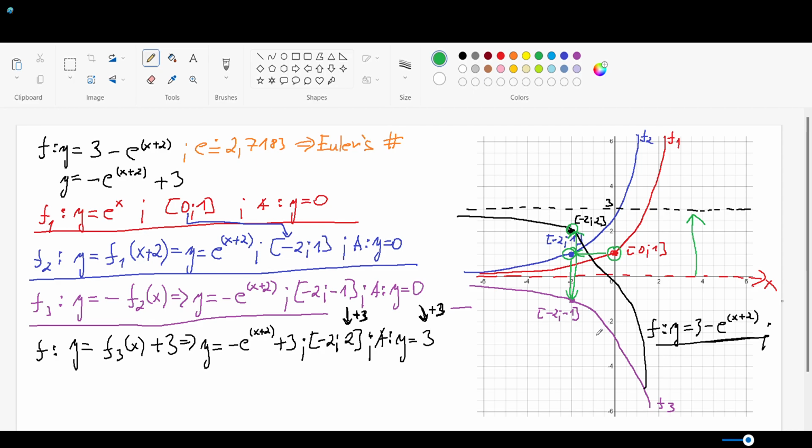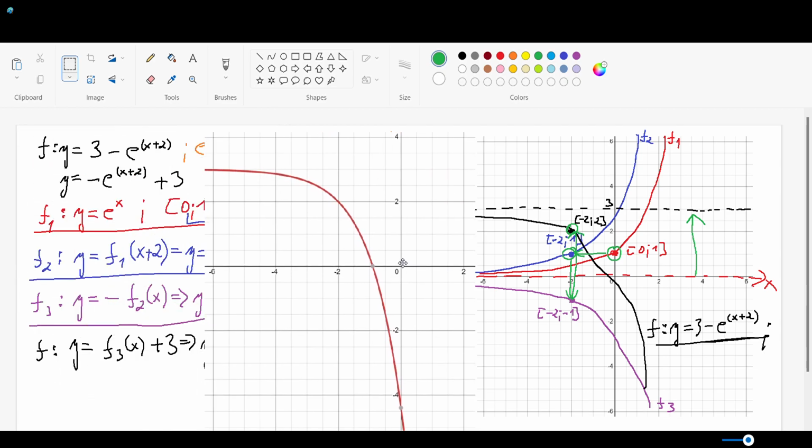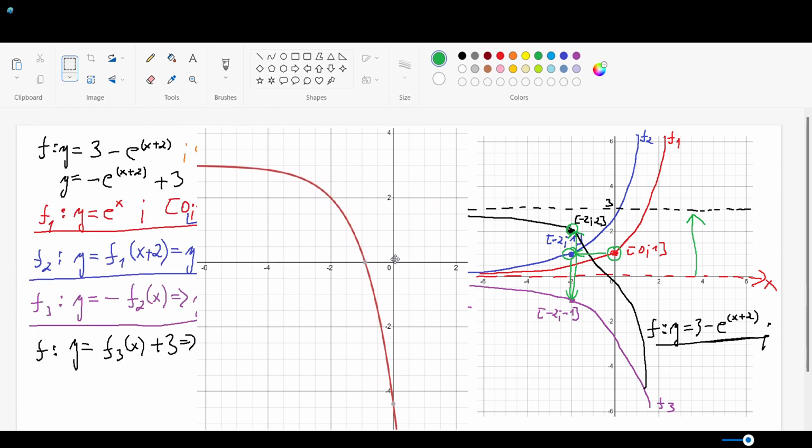What I wanted to show you last is the graph I already prepared in Desmos, which you can usually check on your own. You try this exercise, then write the equation of the function in Desmos, and you will get a graph like this, which corresponds with our graph. Let's use the yellow color.